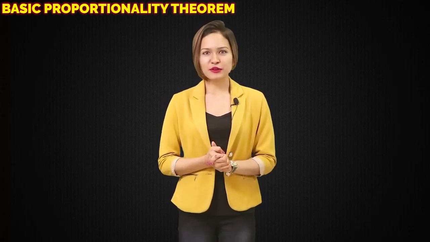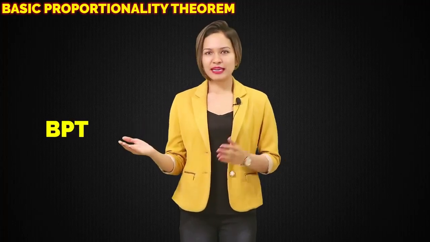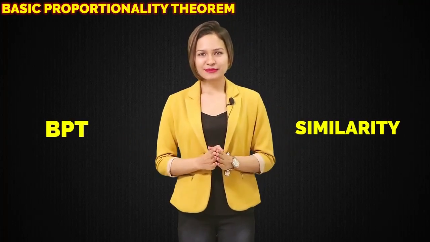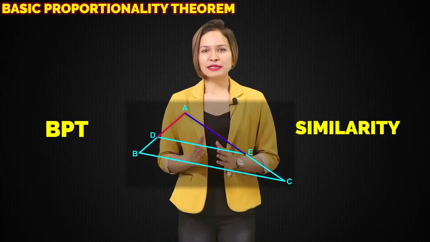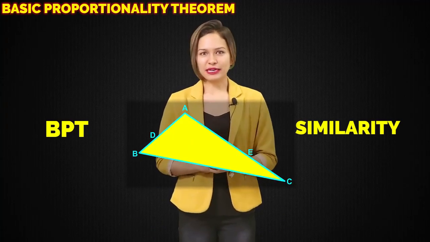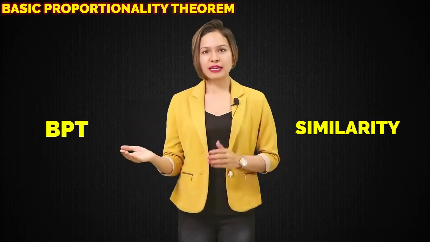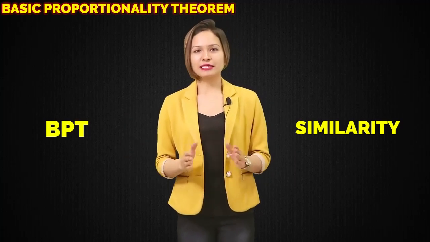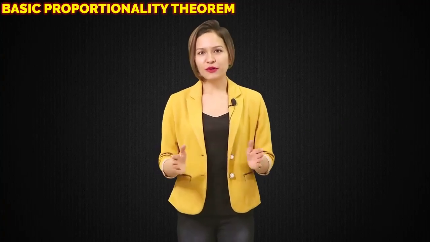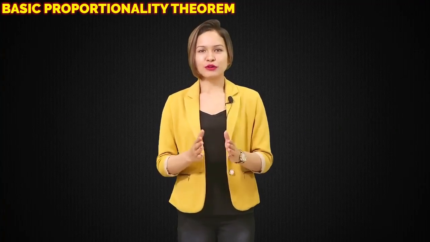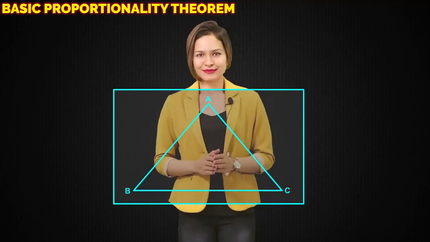But before proceeding further, can you infer relation between BPT and similarity? Absolutely correct. We apply BPT in similar triangles only. We will study more about relation between BPT and similar triangle in our later modules. Now, we will prove the theorem. So, we have a triangle, say ABC.